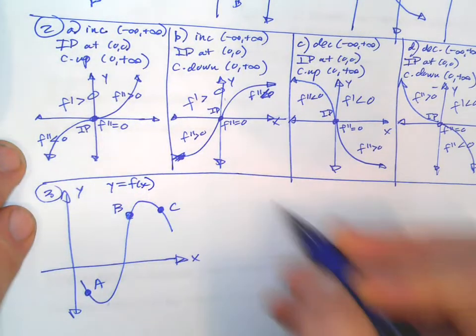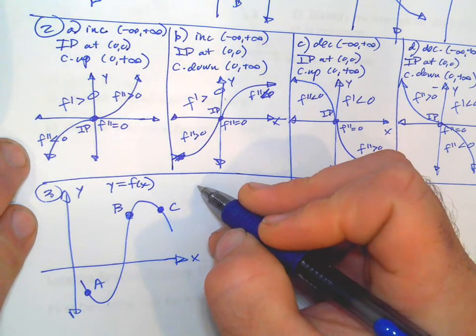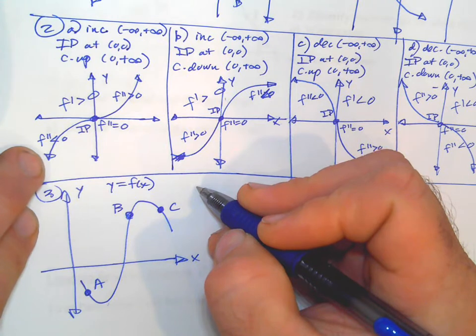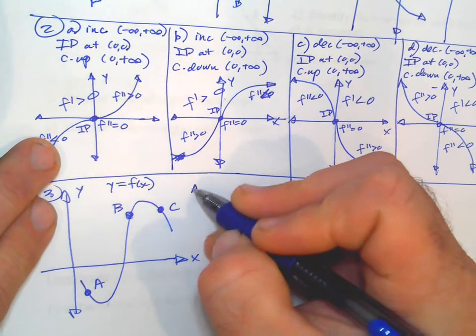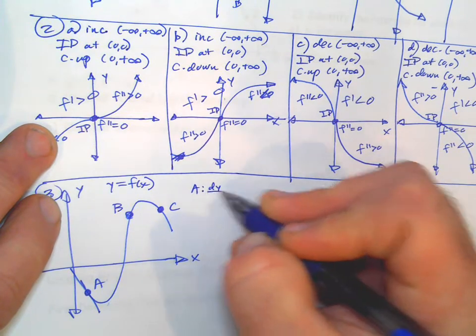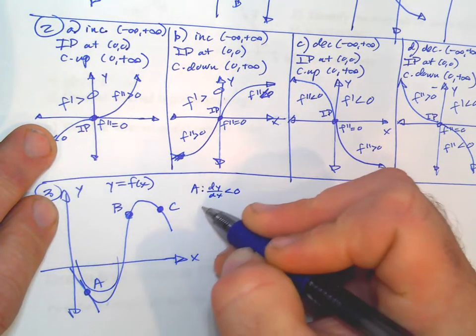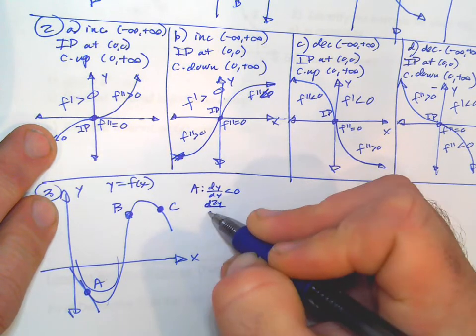And it says find the signs of dy/dx at the points A, B, and C. So point A, the slope is negative, so dy/dx is negative. It's concave up, so the second derivative is positive.